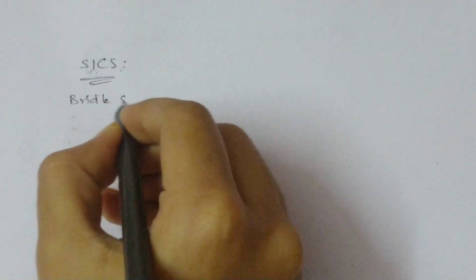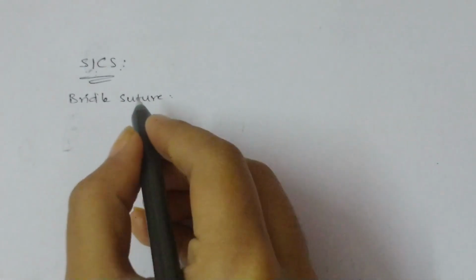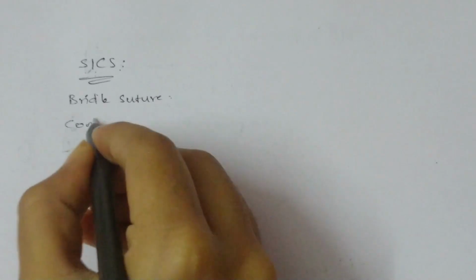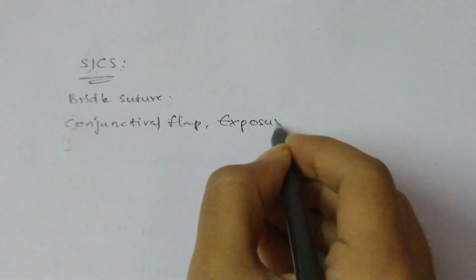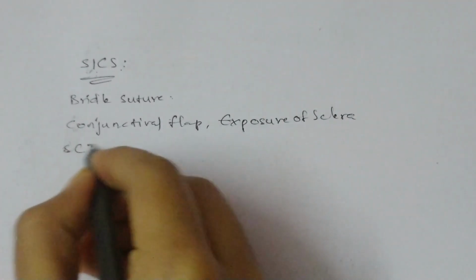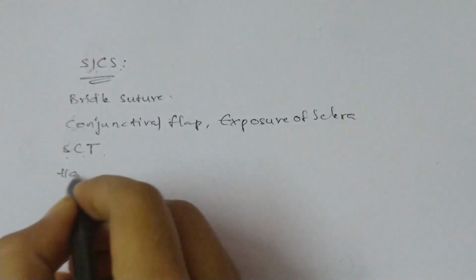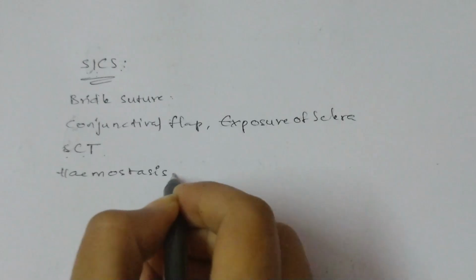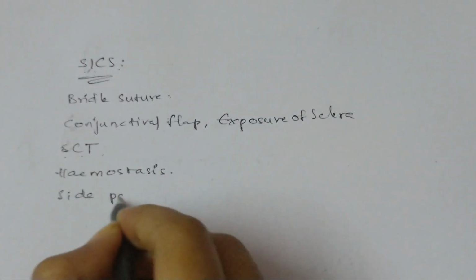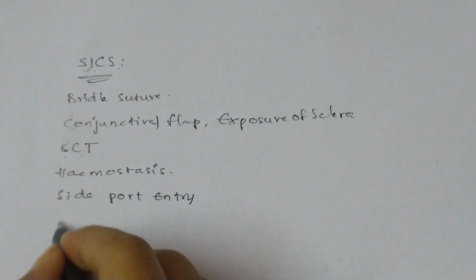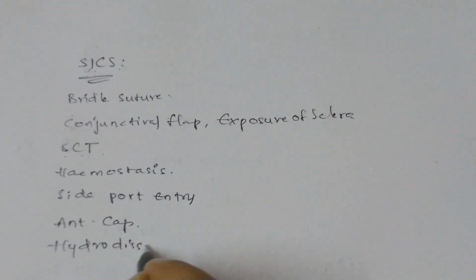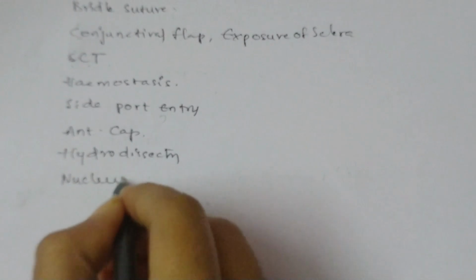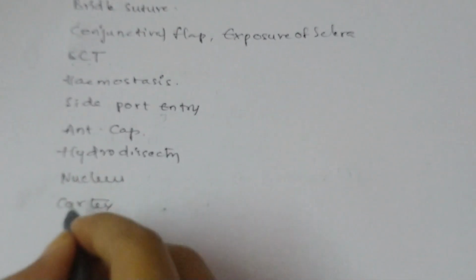The steps in SICS: first of all, we apply a bridle suture to the superior rectus muscle, and then we make a conjunctival flap, and then we expose the sclera, and then we make a sclerocorneal tunnel, and then we ensure hemostasis with the help of wet field cautery, and then side port entry is made, and then anterior capsulorhexis is done, and hydrodissection is done, and delivery of nucleus is done, and cortex is aspirated, and IOL is implanted.